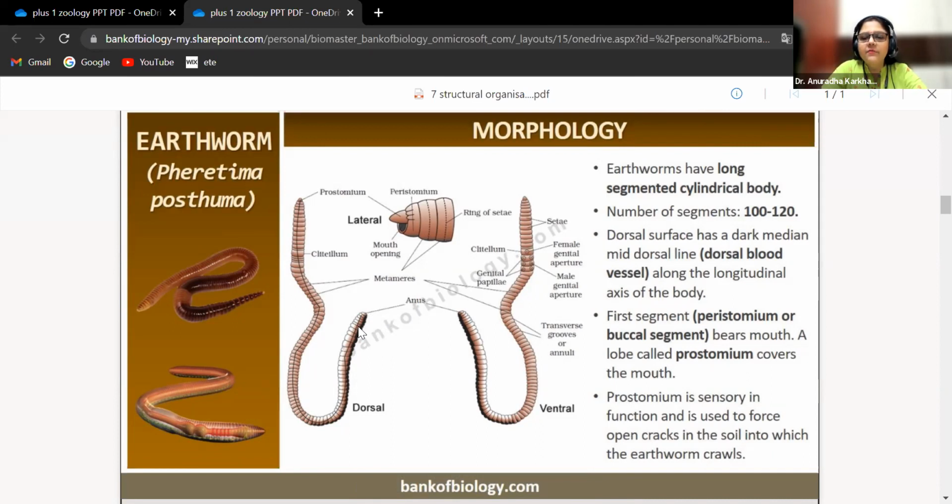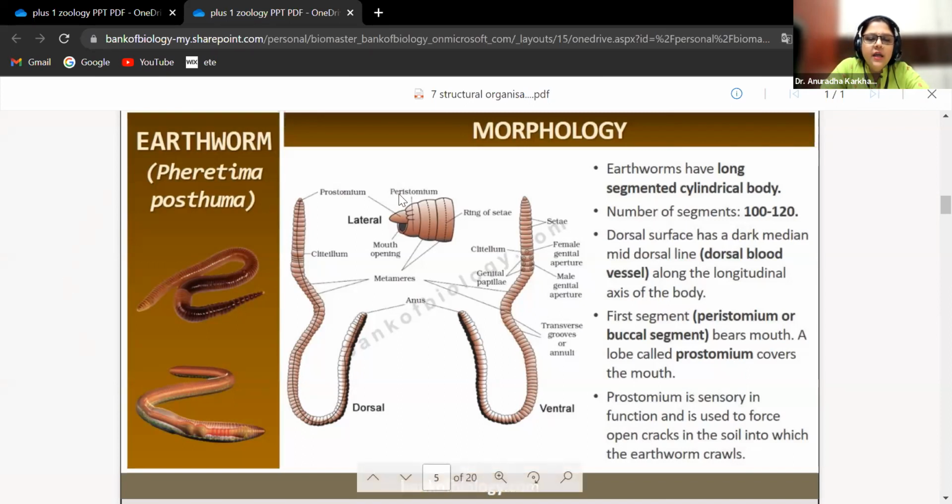The first segment is called the peristomium or buccal segment. Buccal means, even we have a buccal cavity, we did the digestion chapter. We know the buccal cavity is also called the oral cavity. Similarly, you have a buccal segment, and that is called the peristomium. It surrounds the mouth. It also has a lobe called the prostomium, which covers the mouth.